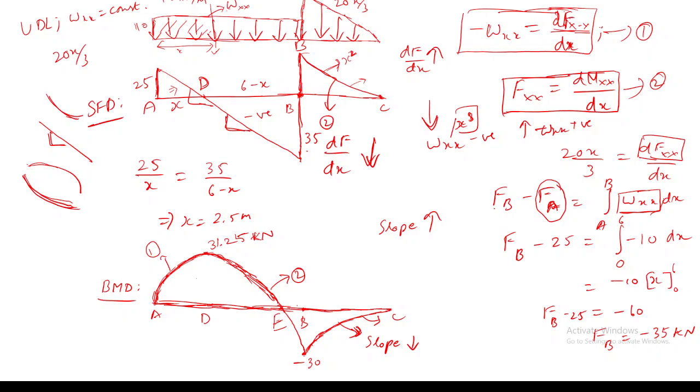But at point B, have we considered this minus? Are we considering the minus in the formula? Yes. Here, the load intensity in the downward direction is taken as negative. Here you could see Wxx, the load intensity is in the downward direction, so in this case we are taking this sign convention.